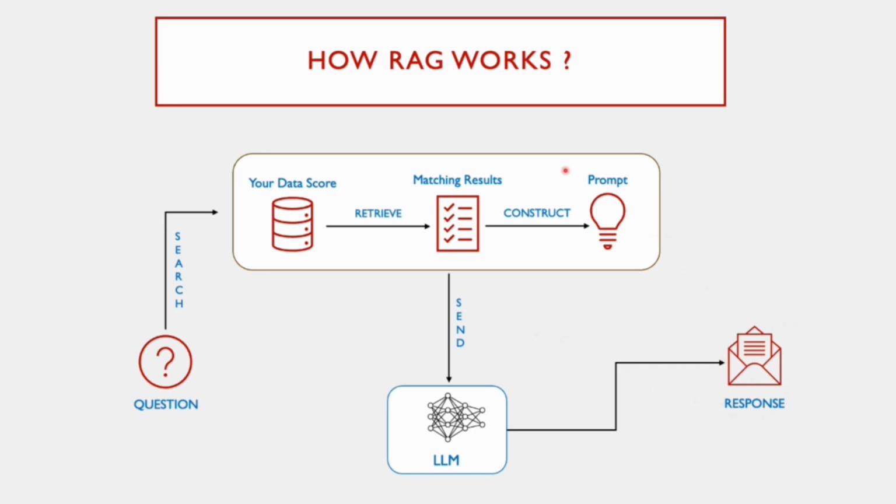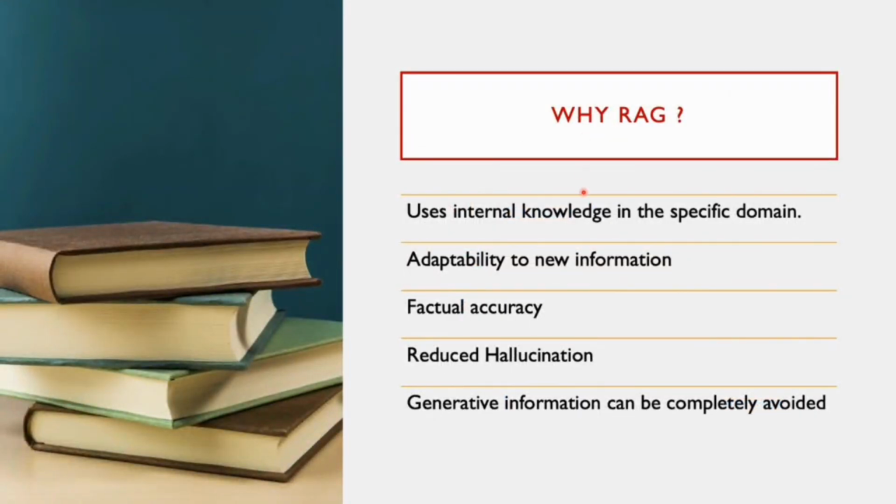And what it does, it marries the best of both worlds. So the world of LLM into your own organization data without having to hallucinate. Like I said, why you use RAG, it will use your internal knowledge in your specific domain, the knowledge that you have within your database systems and other information knowledge stores.